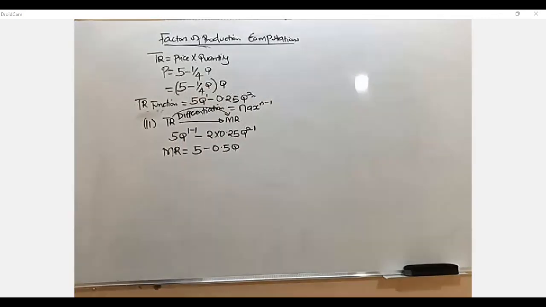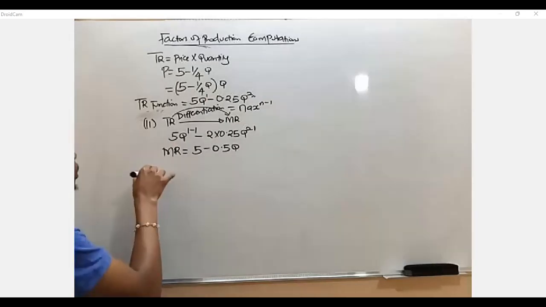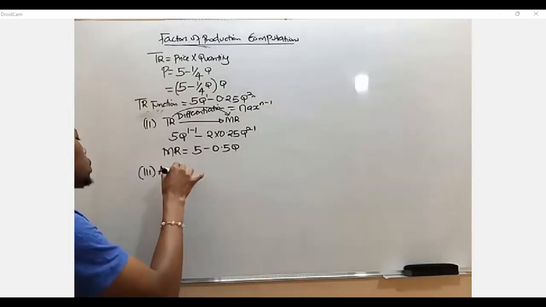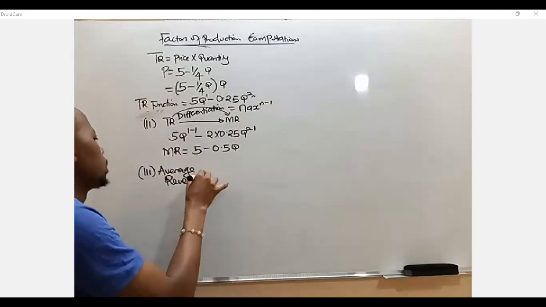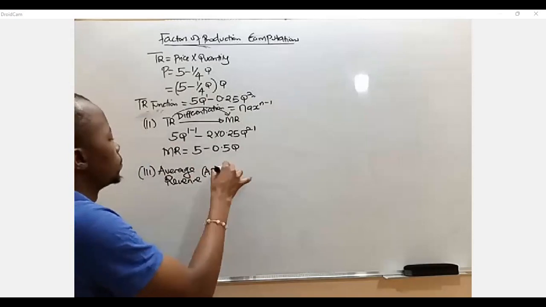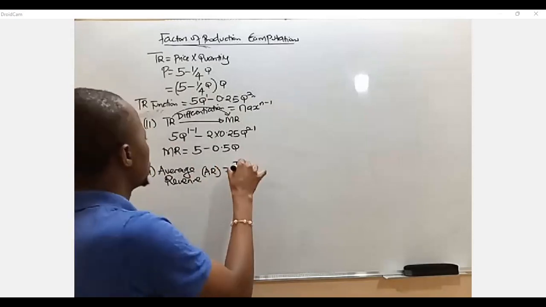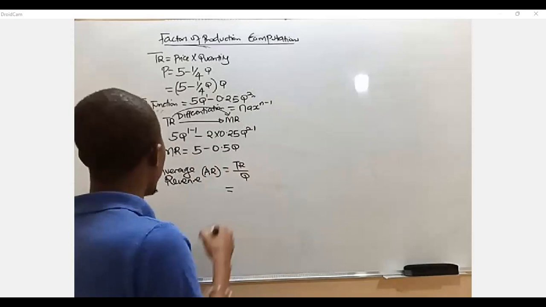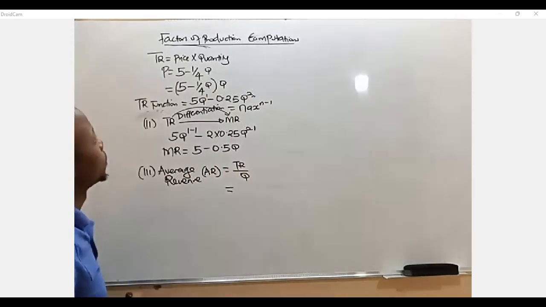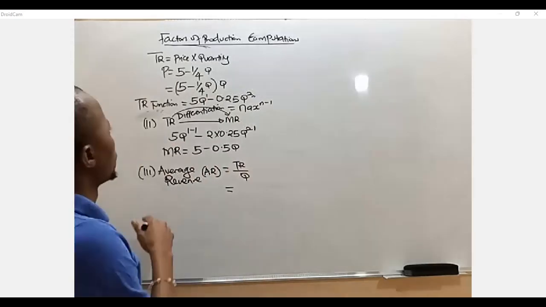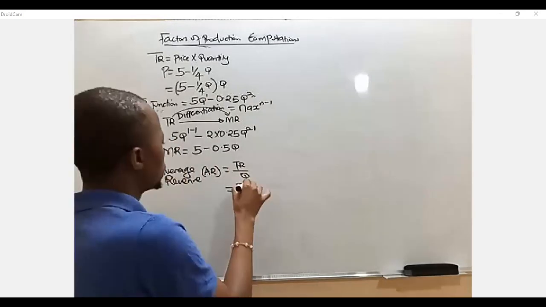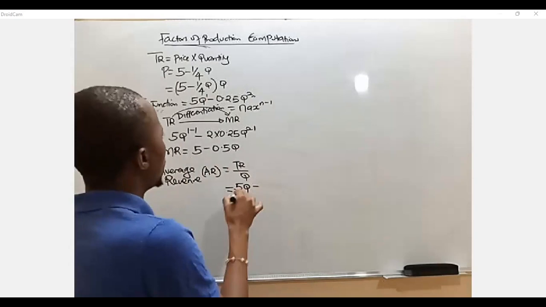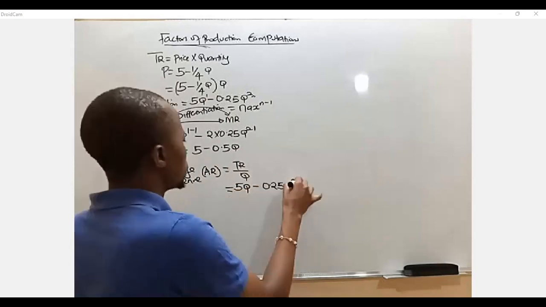And also I can see they're asking about the average revenue, number 3. The average revenue. We said, to get our average revenue, we normally take the total revenue and divide by Q. How much is our total revenue? The total revenue function we were able to get is 5Q minus 0.25 Q squared.